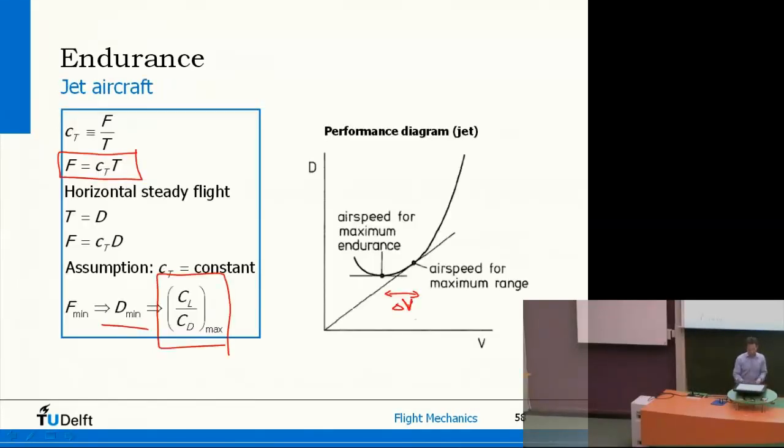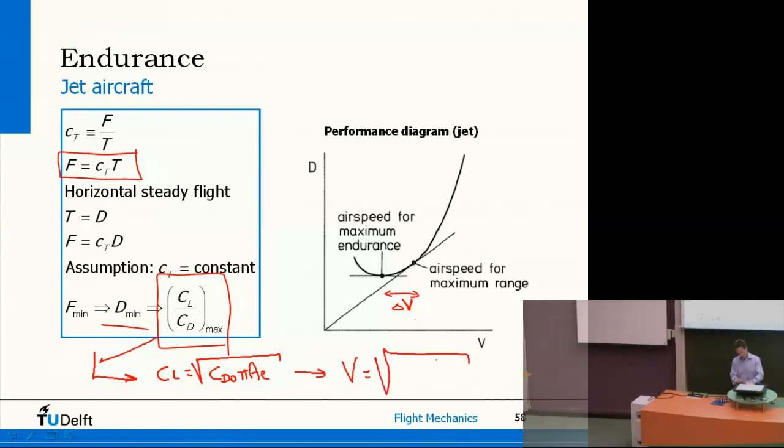Now, this is basically the solution for jet aircraft, because what we've seen is if you have CL over CD max, then basically the CL can be calculated beforehand based on the aerodynamics, and with this you can calculate the actual airspeed.